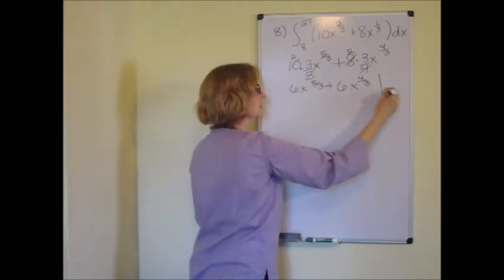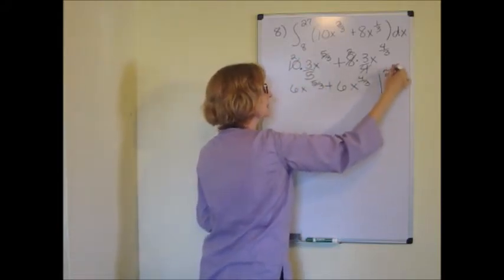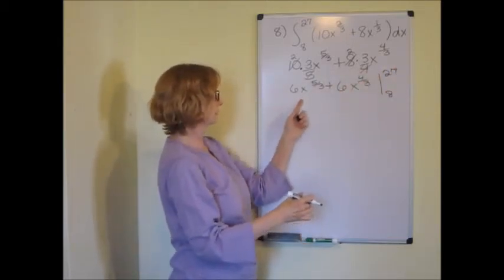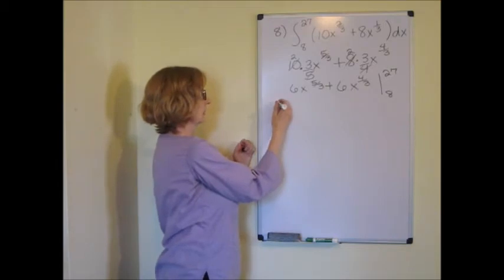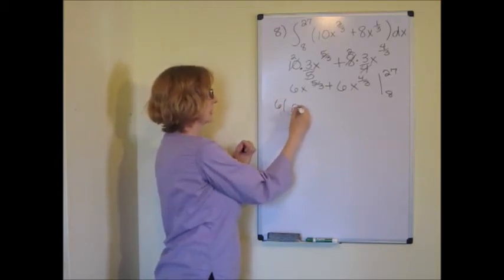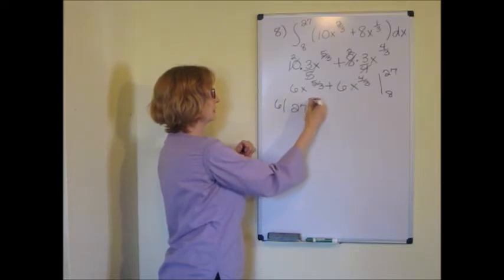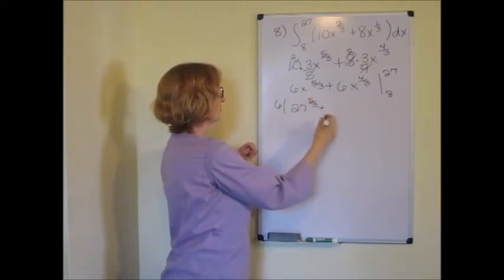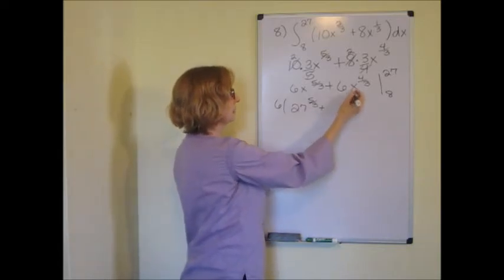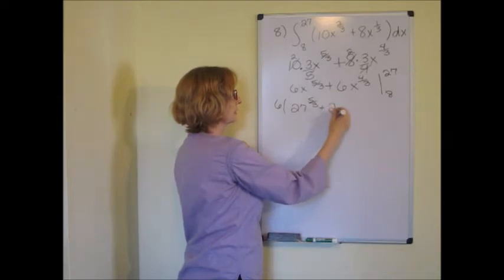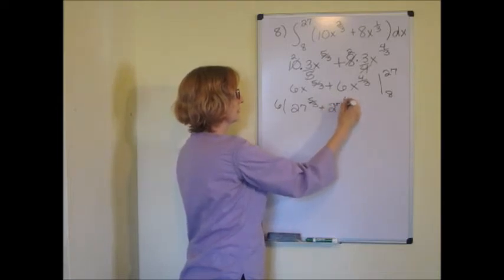and we're going to take that integral from 8 to 27. So the first thing we're going to do is plug the 27 in for x. We've got 6 times 27 to the 5/3, plus, and then plug in the 27 here. That's going to be 27 to the 4/3.